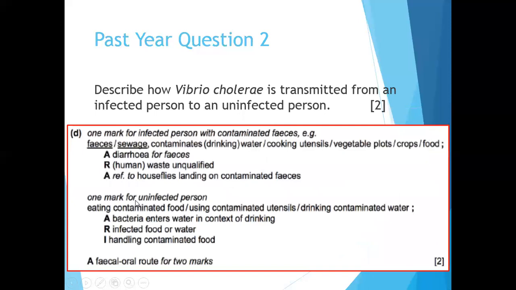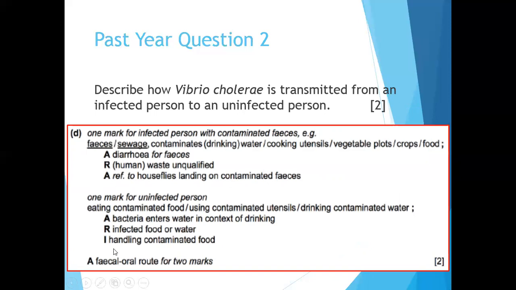Now, question 2. Describe how Vibrio cholerae is transmitted from an infected person to an uninfected person. So similar to the previous question, but the answer is more detailed. Let's look at the answer. It is 1 mark for the infected person with contaminated feces and 1 mark for the uninfected person.